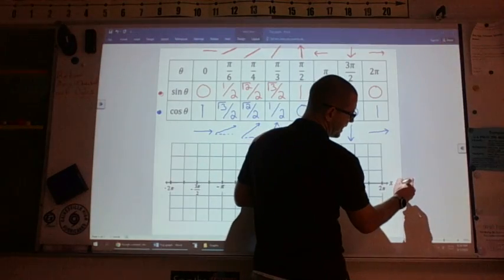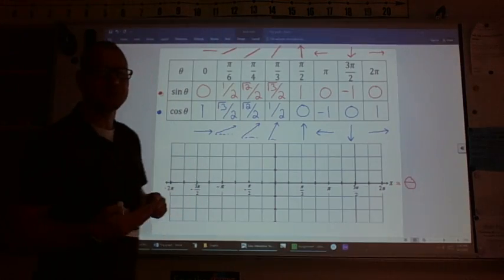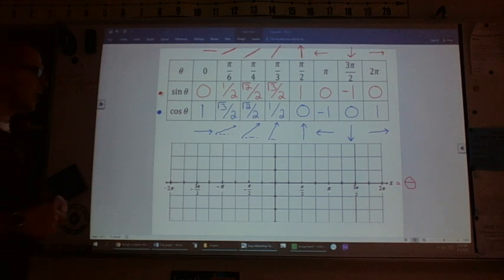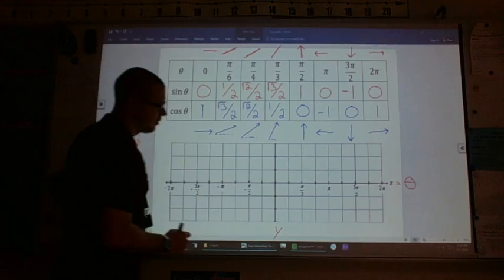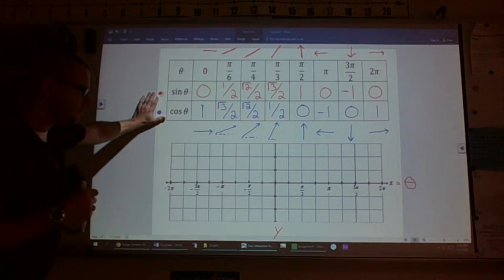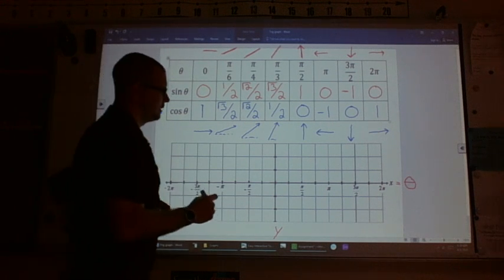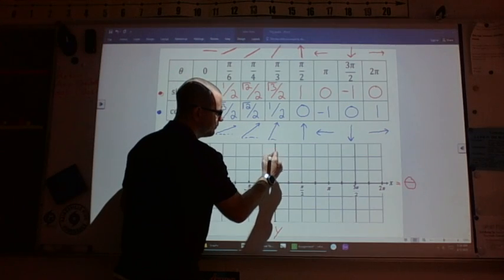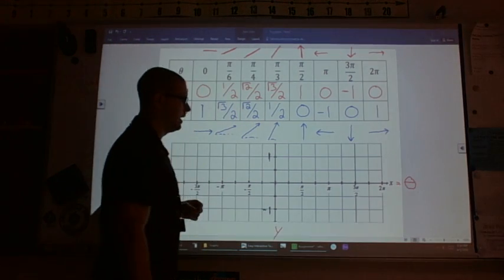So on the x-axis, we are going to plot theta, our angle measure. And then our y-axis is where we're going to put the value of the sine and cosine graphs. And for that, it needs to go to +1 or -1 right now.